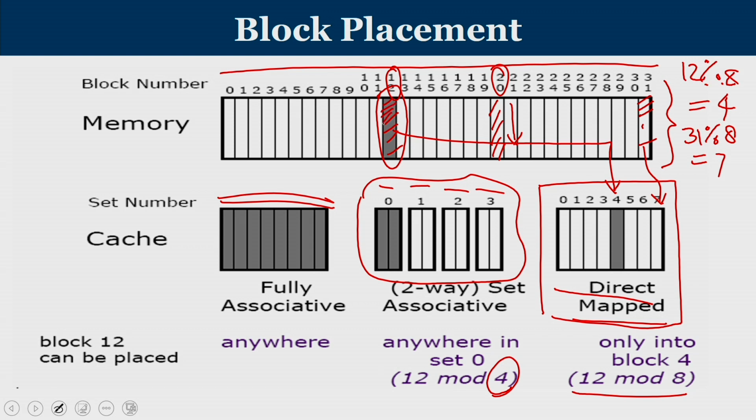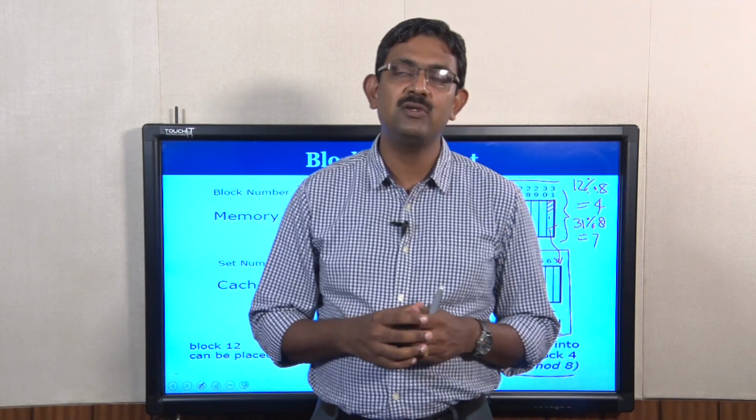So the contents of block number 12 will get mapped into set 0. Now in set 0 there are 2 blocks, and in either of the blocks you can reside. So it is a fusion of direct mapped cache as well as fully associative cache. This concept of different mapping techniques in cache is very important. Let me draw an analogy of what you generally use in real life.